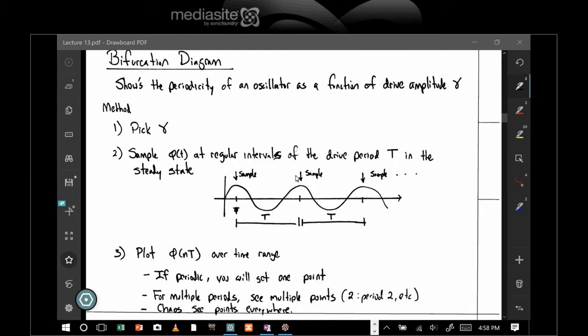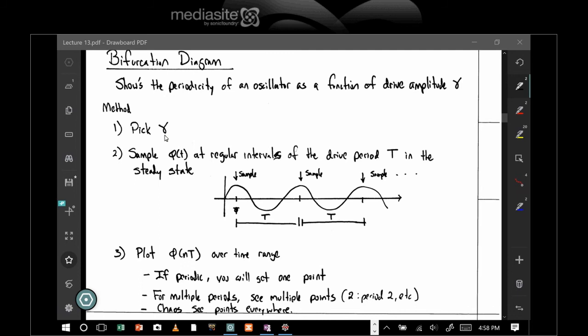So I'd like to introduce this concept of a bifurcation diagram. The bifurcation diagram is a way to look at the periodicity of the behavior of the oscillator. Okay, and this is how we're going to draw this diagram. I'm going to give you code to do this. So what you do is you pick a driving amplitude.